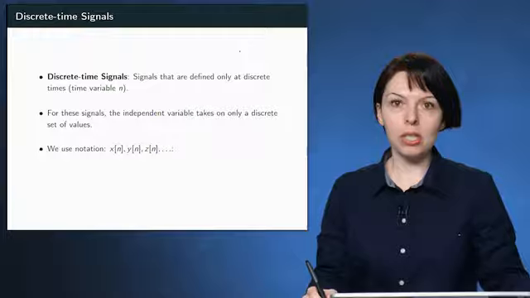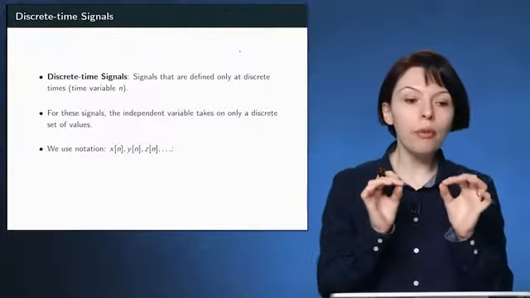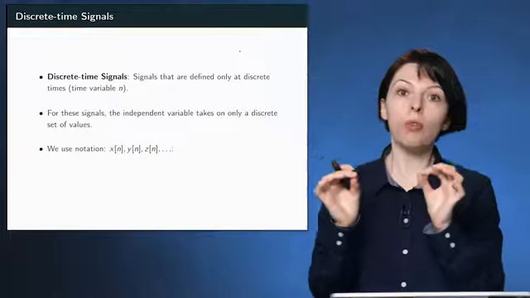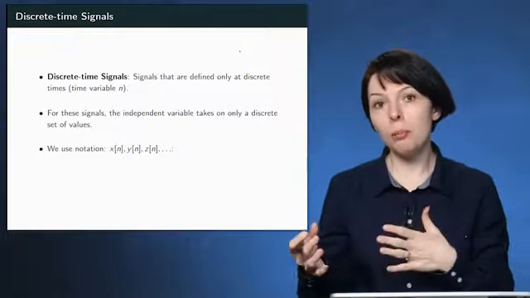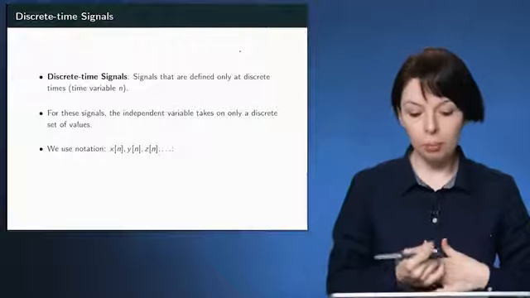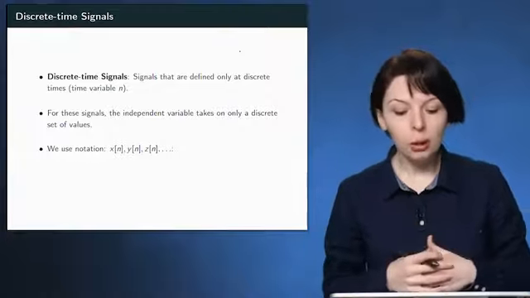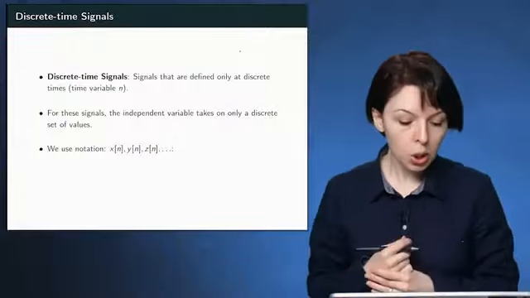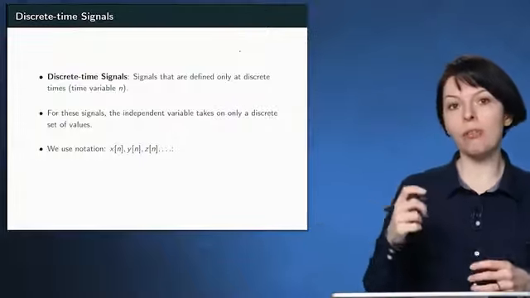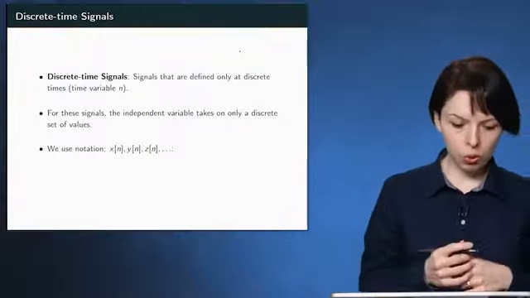Discrete time signals are signals that are defined only at discrete times. So the time variable, which we usually show with n, can take up only integer numbers. For these signals, the time variable n can only take integer numbers, and we use notations of x of n, y of n, or z of n, and so on and so forth.